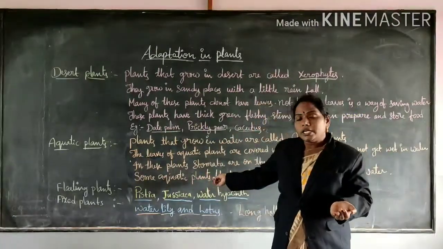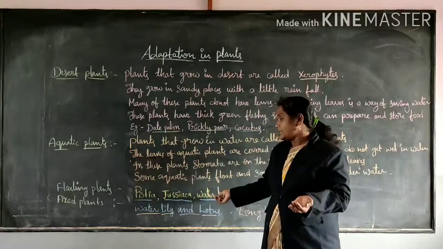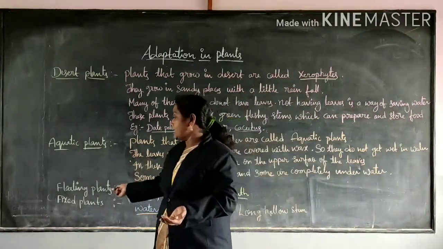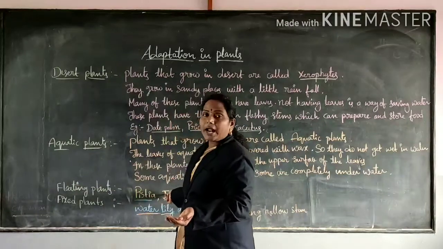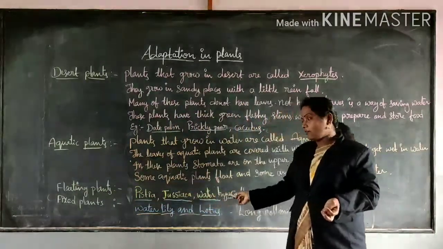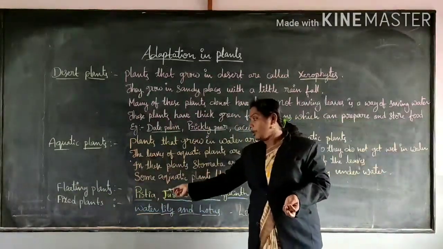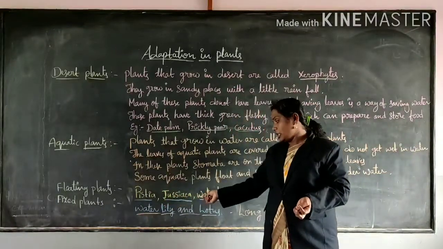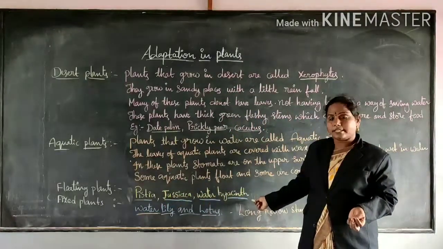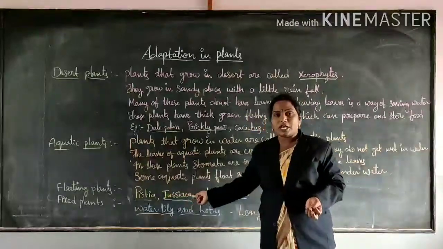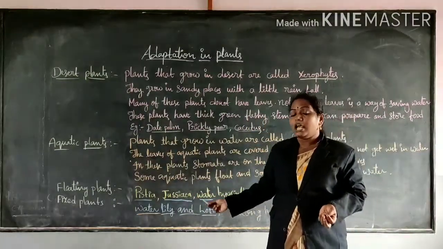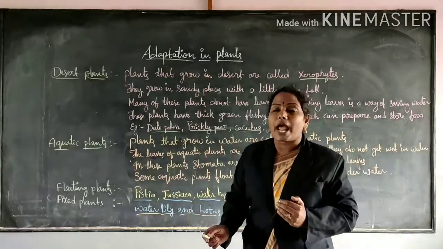Understood? In floating plants, the plant body floats on water. Example: Pistia, Jusia, water hyacinth. And what about the fixed plants?